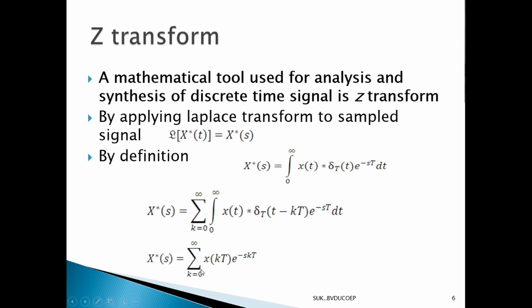This can be written like this because the Laplace of delta(t) is 1. So this becomes x(kT) and e raised to minus skT, summation. So this is my x star s, the Laplace transform of the pulse signal in the s domain.